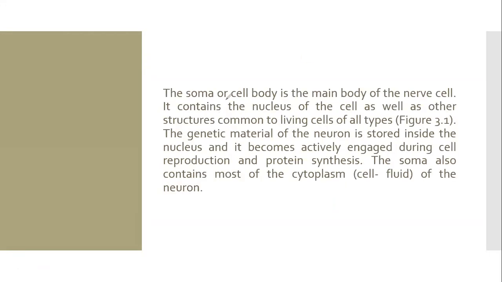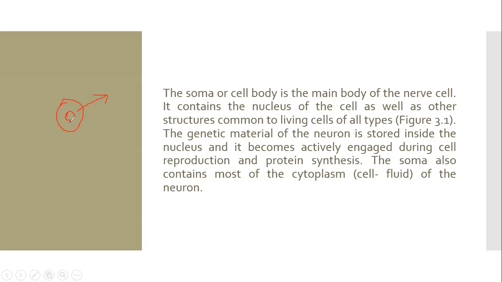Next, the soma or cell body is the main body. In the head, we have seen the nucleus, right? In that nucleus, and the other one we have is the soma. It is the main body of the nerve cell, which contains the nucleus of the cell as well as other structures common to the living cells of all types.